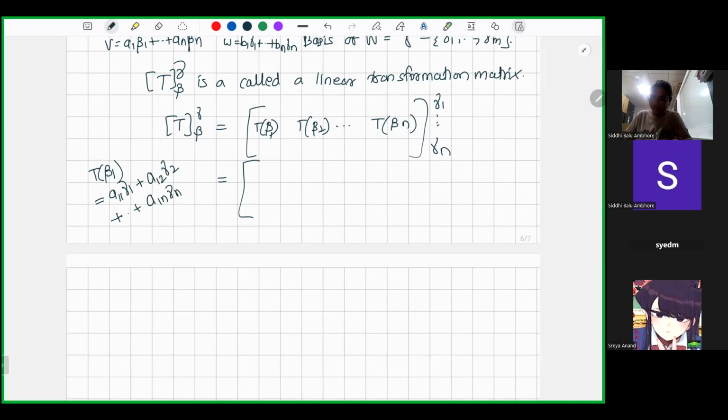So these entries will be A11, A12, and so on up to A1n. Similarly, for beta 2, I will be able to write it as A21 gamma 1, A22 gamma 2, and so on up to A2n gamma n. So whatever we are getting here is the expression of elements of the image in terms of gamma n.